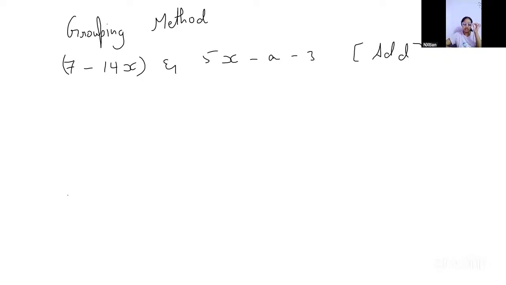So like terms are those terms which have the same variables, like 3x and 7x. Then you can say 3a and 8a. Those are like terms. Unlike would be 8a and 12x, where one has x and another has a.